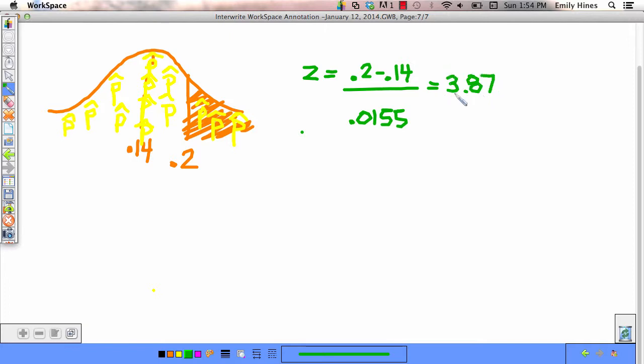And again, I can calculate it, and I will this time just so you can see it. 3.87. Okay, this is really high. Telling me that this is really high means my probability is going to be really small, because if I know that this is normal, I know that 3 standard deviations covers 99.7%.